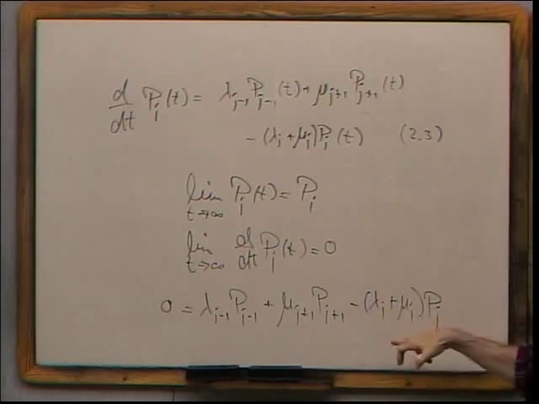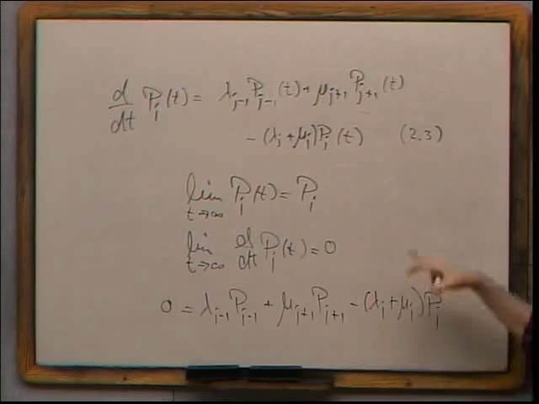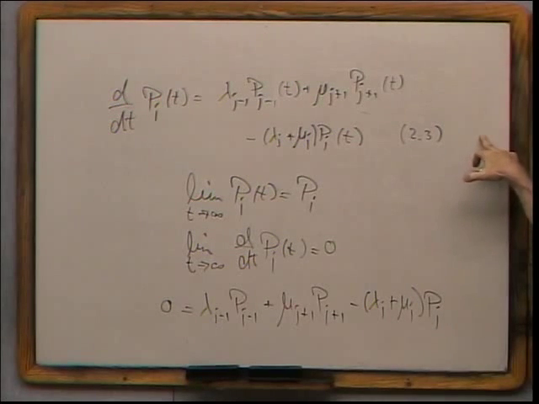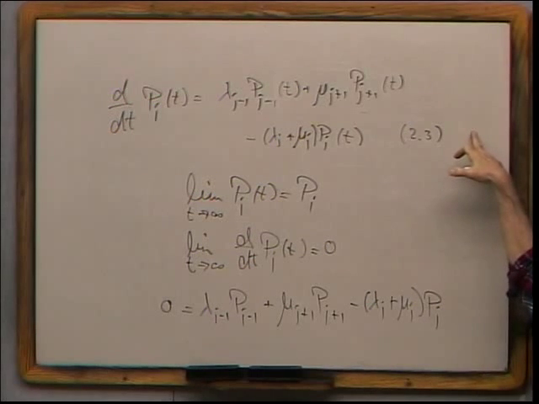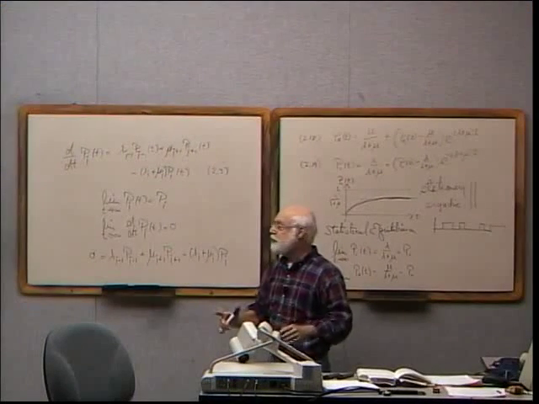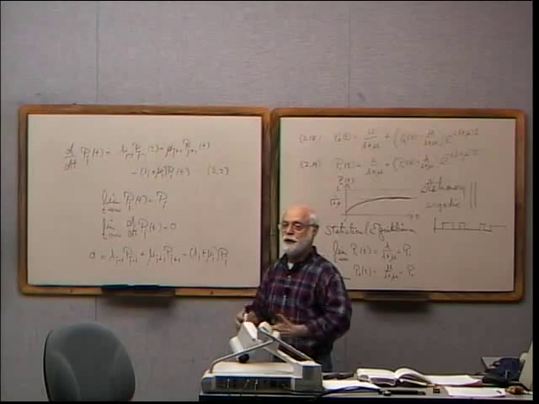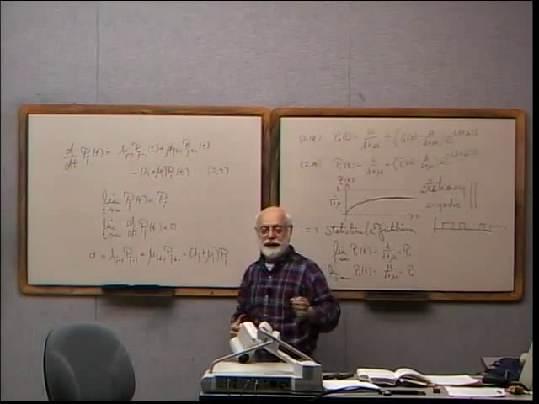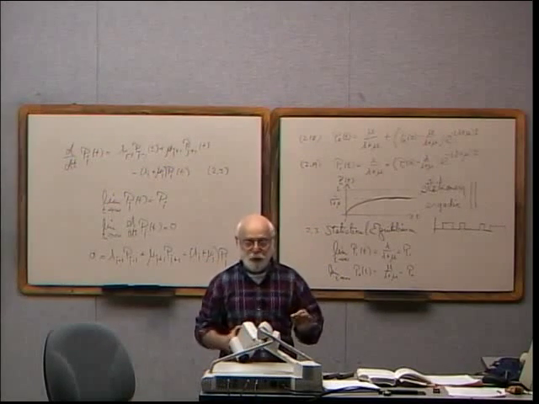It really depends on this O of H stuff. So then we'll go back and show that this O of H stuff is implied by the assumption that the underlying births and deaths are caused by exponential distributions, and then everything will be full circle, and then we can go back and start looking at the particular consequences for queuing models. Okay, so this is where I'm going to start next time.